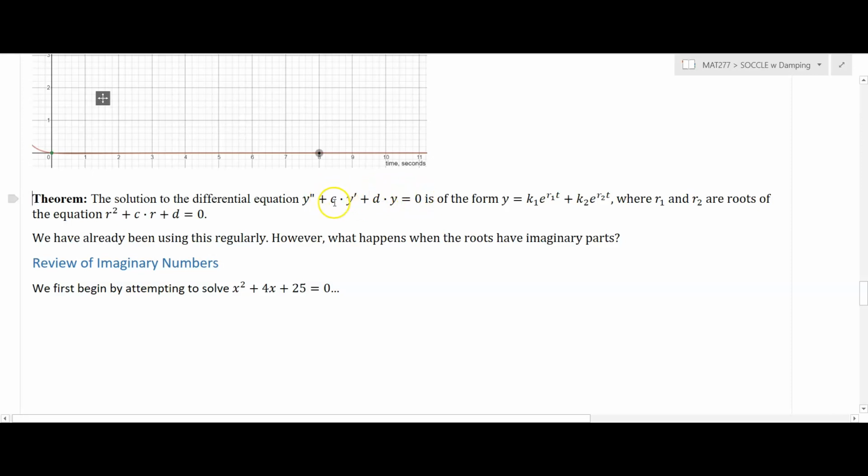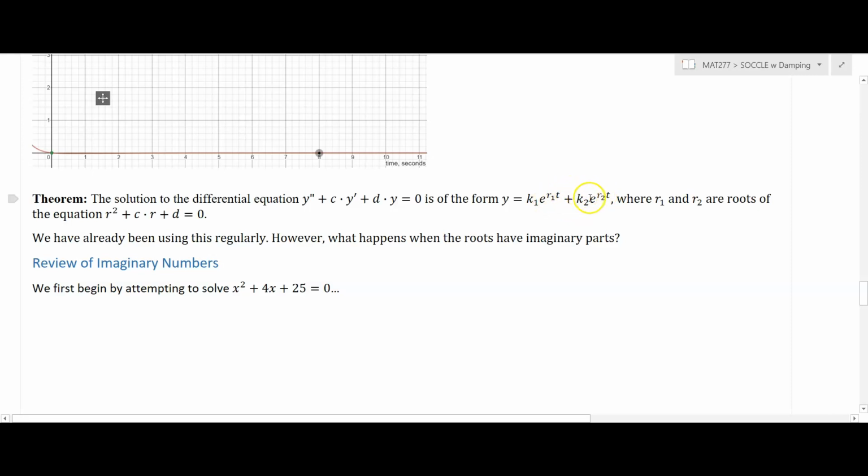For us, this constant here is the damping coefficient divided by the mass, and this is the spring constant divided by the mass, but we don't have to limit ourselves to spring mass systems. One thing we're speculating is that the solution is going to have this form, k1 e to the r1t plus k2 e to the r2t. That's been our observation in the last two examples.